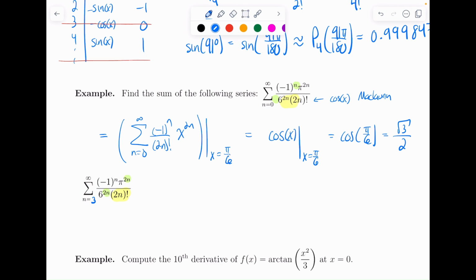It's a fun little exercise to check that you can validate that sum as well. It's not too hard to show.